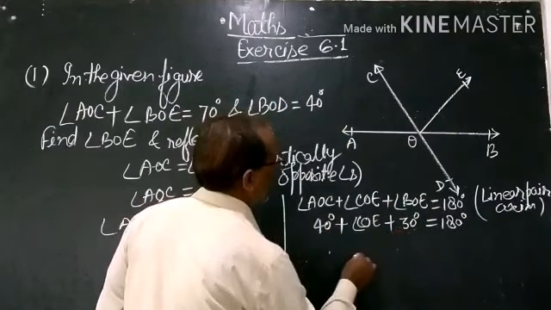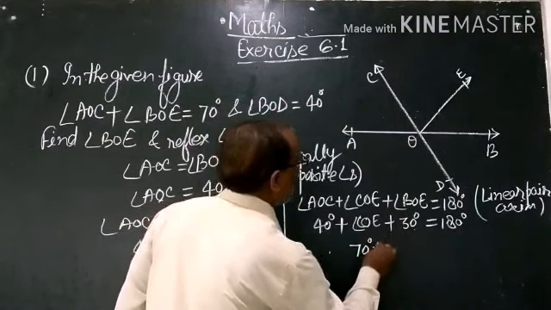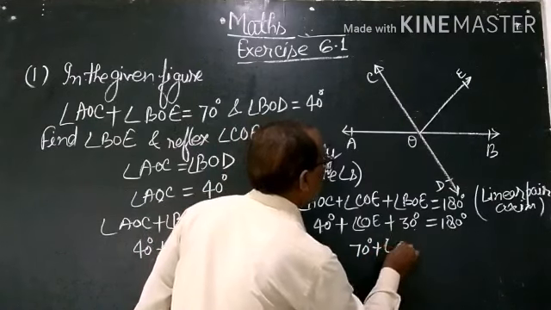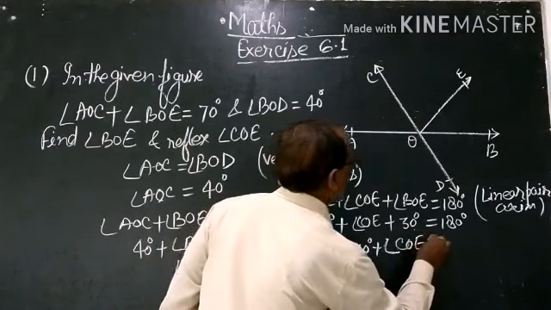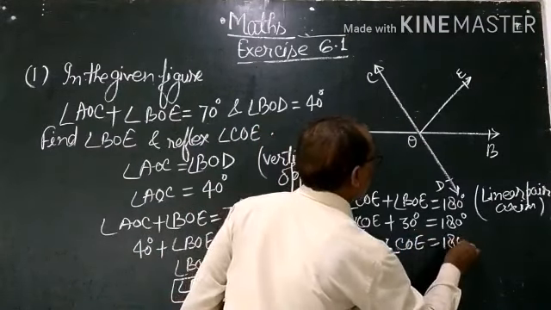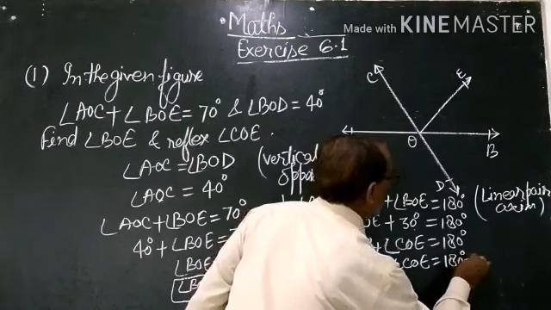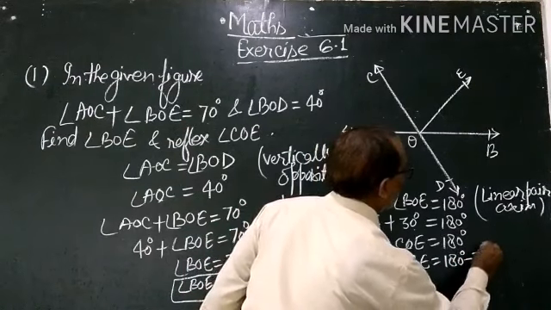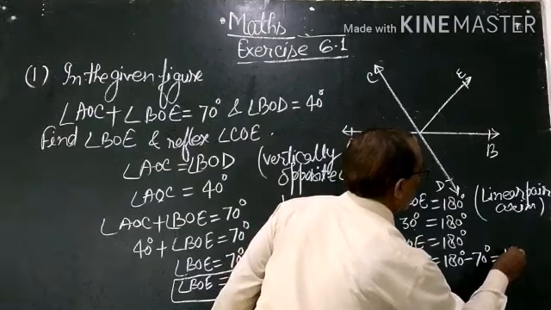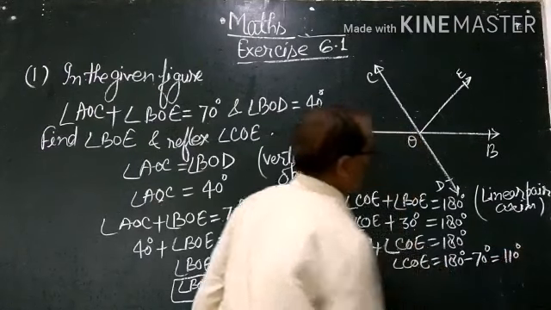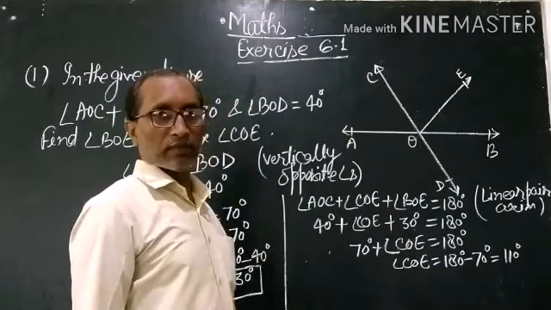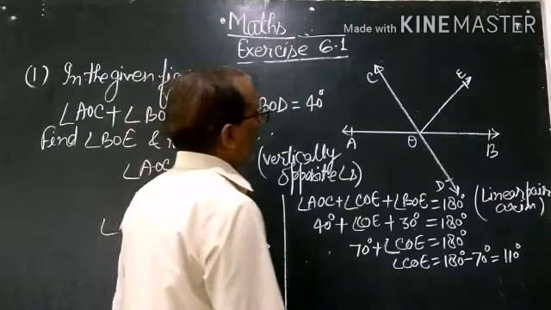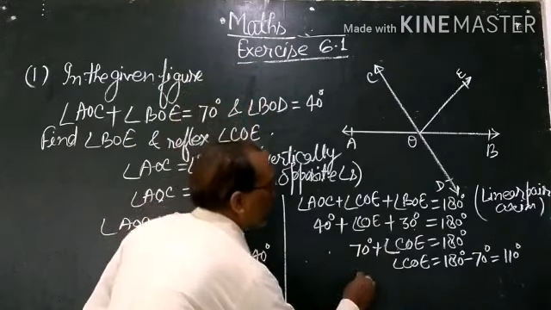Means 40 and 30 is 70 degrees, 70 degrees plus angle COE is equal to 180 degrees. Then angle COE is equal to 180 minus 70 degrees, that is 110 degrees. Then we find out reflex angle COE.